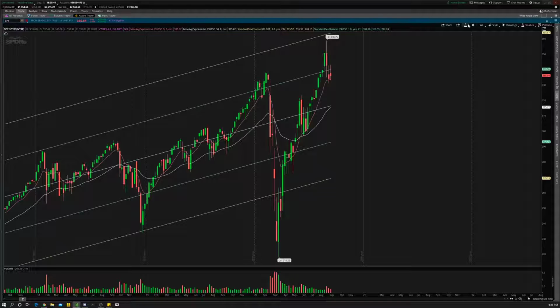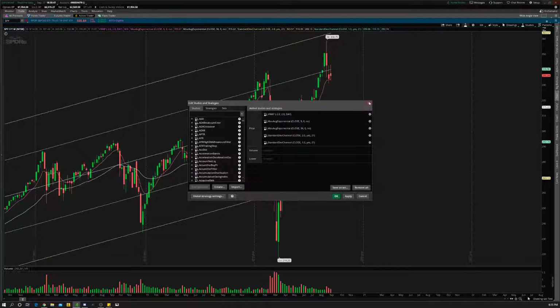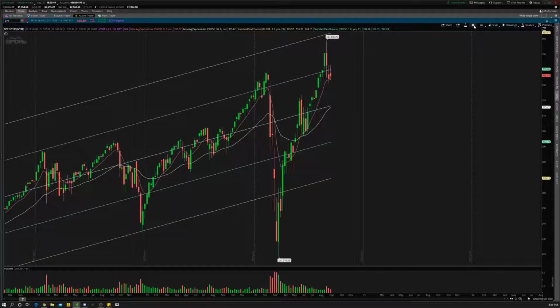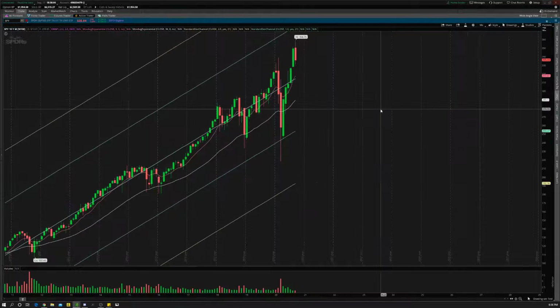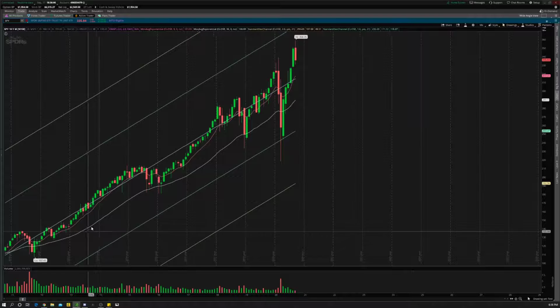So let's get to how I draw my trend line or support and resistance first. So I like to start with the monthly. So I go through and I look to see where I get my price tool here.